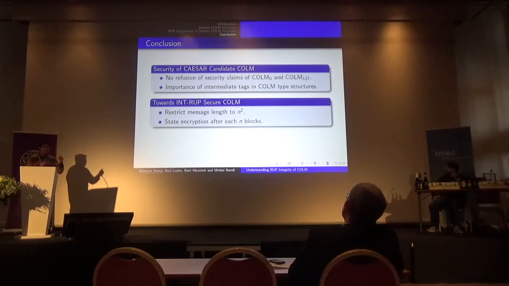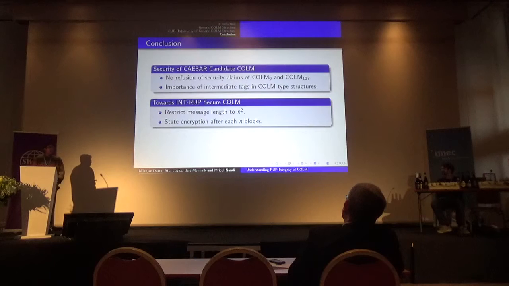So if after n many blocks we add a block cipher encryption in the state, then we possibly can have an inter-RUP secure COLM, but then the main idea of COLM, having complete parallelization, gets hampered.